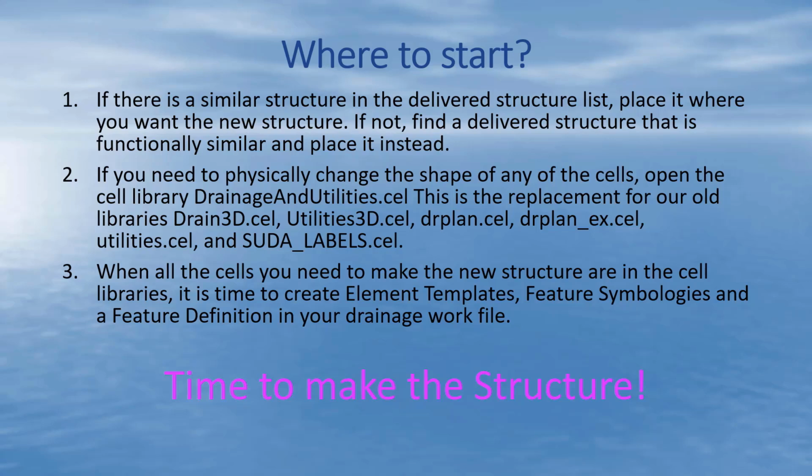A good example of that would have been, prior to us including the concrete collars, if you needed a concrete collar to connect a proposed pipe to an existing pipe, you could have used a junction cell, say a manhole, placed it where you need the collar to go, and then done the process of creating a custom structure, and then replaced the manhole with the collar you created.